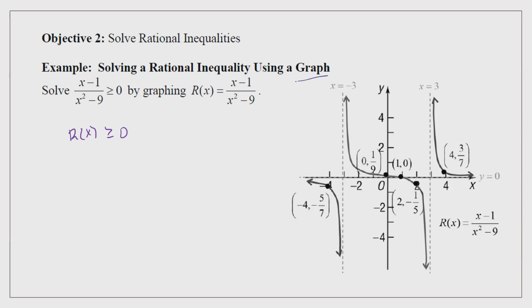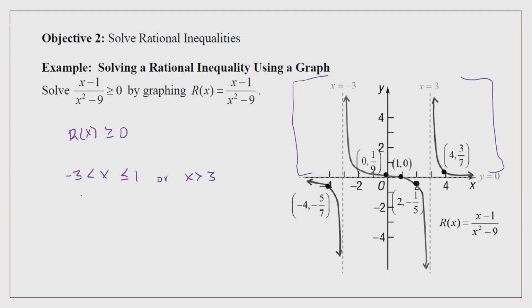So that's going to be this whole top part of our graph. Now what values of x provide us those solutions? That's going to be when x is greater than -3, but less than or equal to 1, or when x is greater than 3.